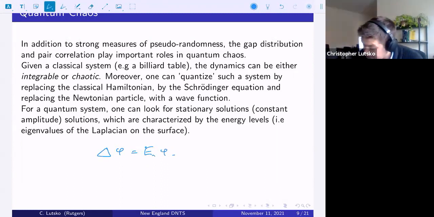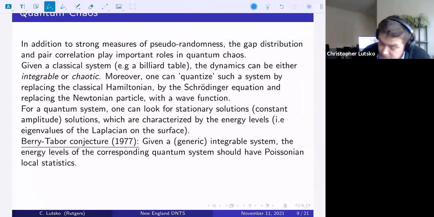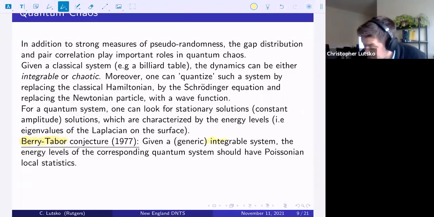So if you do this and you stare at it long enough, you might come to the same conclusion as did Berry and Tabor, which is that if you have a generic integrable system, then the energy levels corresponding to the quantum system should have Poissonian local statistics.